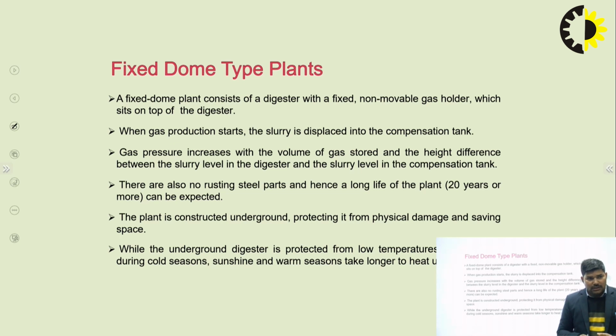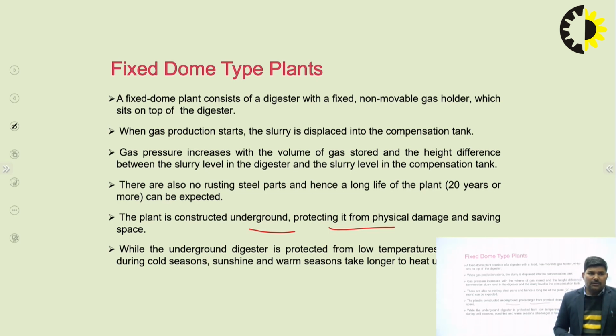Third, there are no rusting steel plate parts, hence the plant has a long life of more than 20 years, and can be more than expected. The plant is constructed underground, protecting it from physical damage and saving space. So there is no problem with that.